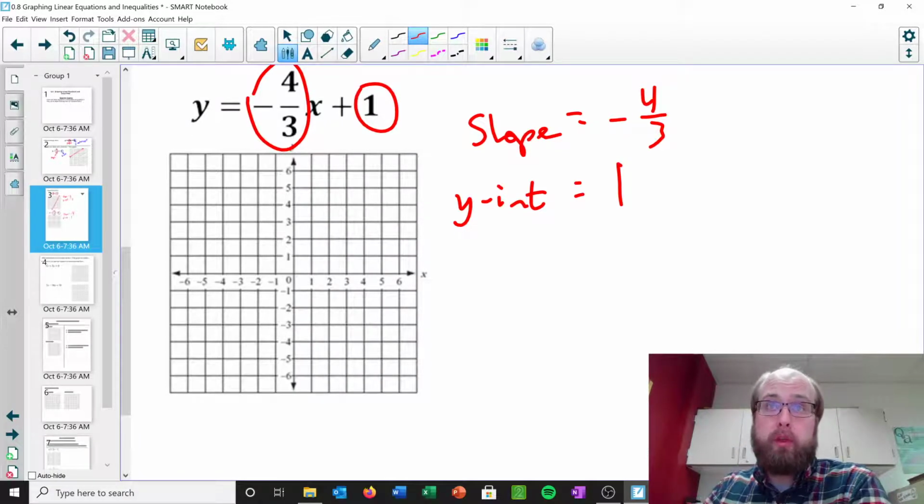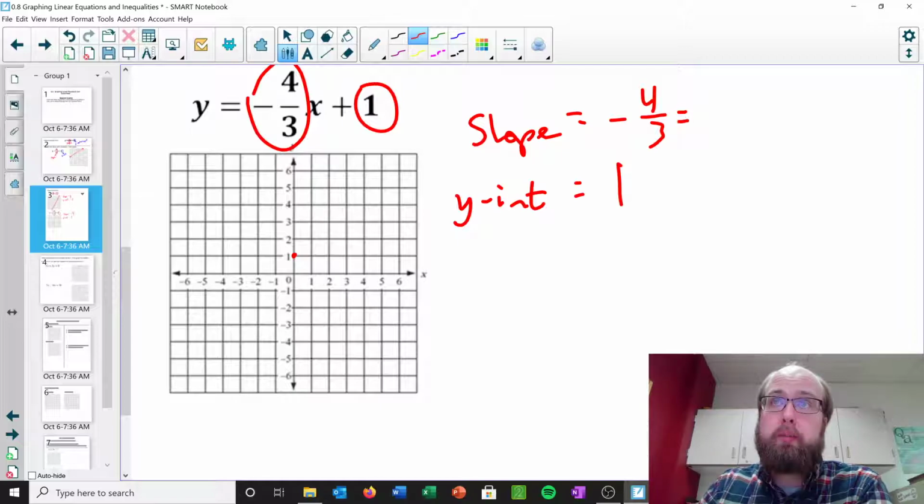Again, we start with our y-intercept, go on the y-axis to positive 1, and put a dot. With a negative slope, this could be negative 4 over positive 3, or positive 4 over negative 3. You choose either the rise to be negative or the run to be negative, but not both.